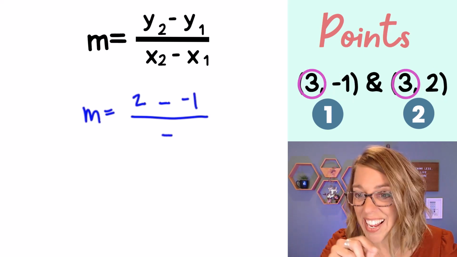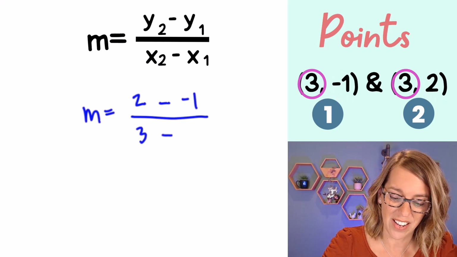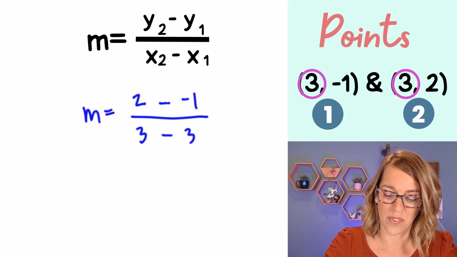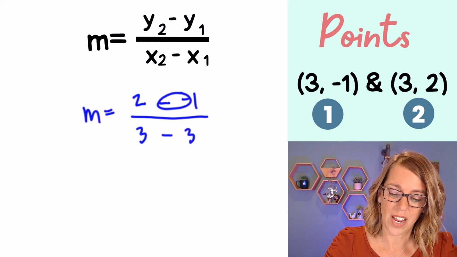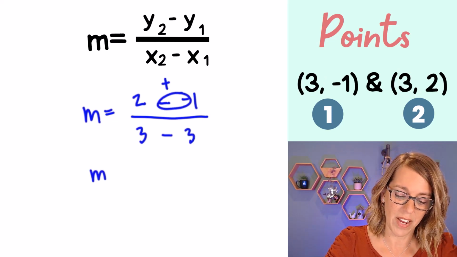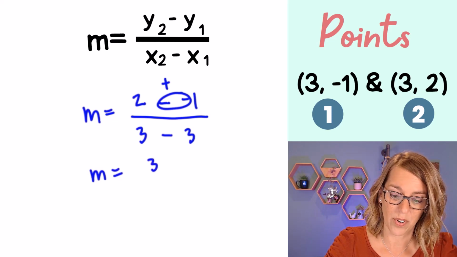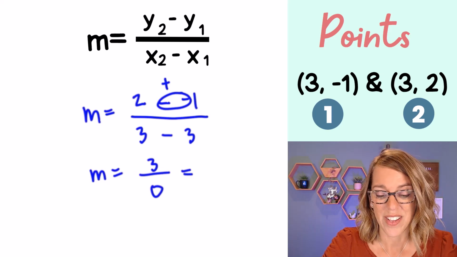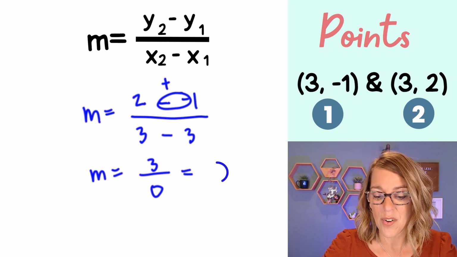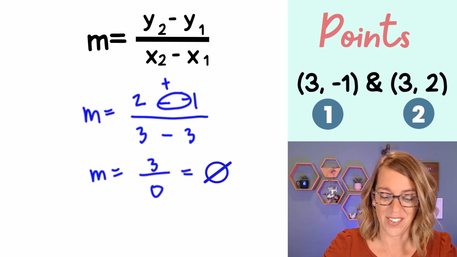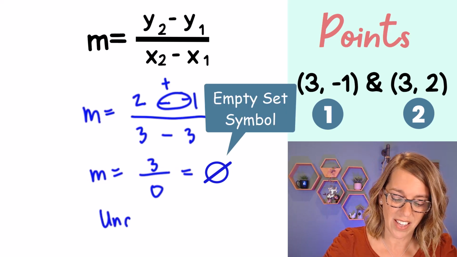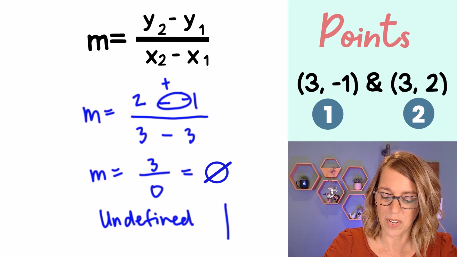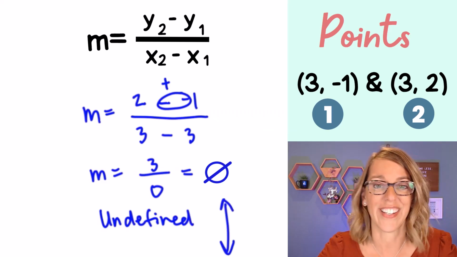I'm going to pick up the second x first, which is a 3, and the first x, which is also a 3. These two negative signs become plus, so in my numerator I get 2 plus 1, or 3, but in my denominator I end up with a 0. So we get 3 divided by 0, which is undefined. You can use the empty set, or you can say that this slope is undefined. This turns out to be a vertical line.